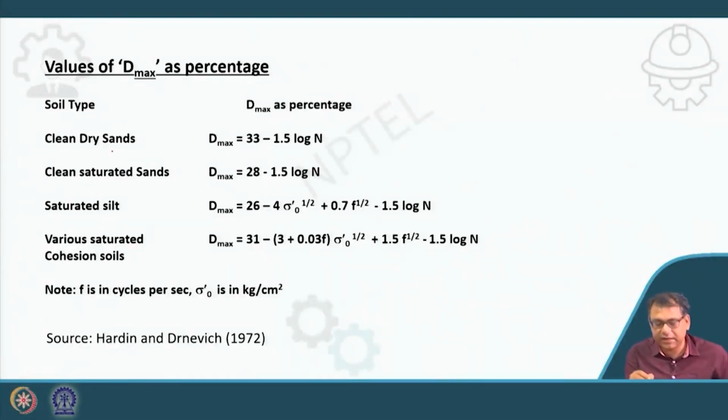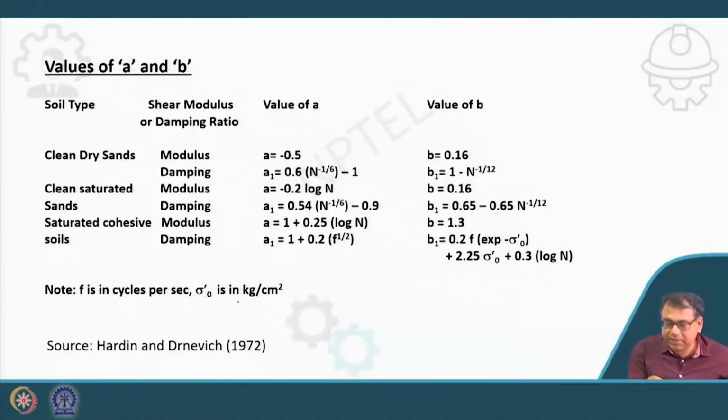For clean dry sand, D max is 33 minus 1.5 log n. N is again the number of cycles, F is again cycles per second, and sigma 0 bar is again in kg per centimeter square, the initial effective overburden pressure. So if I use this expression, I will get the D max, and if I use the earlier table, then I will get the A, B and A1, B1. Clear?